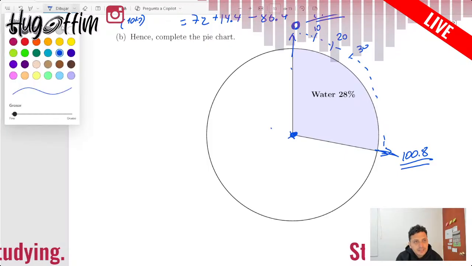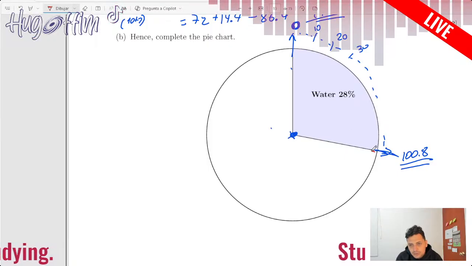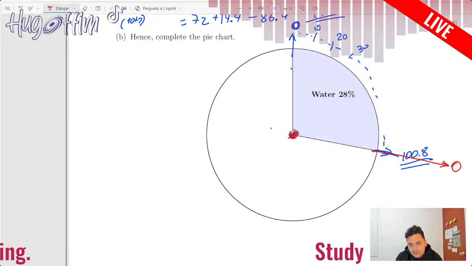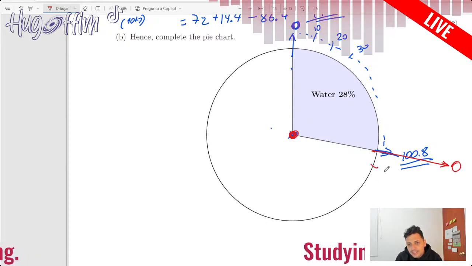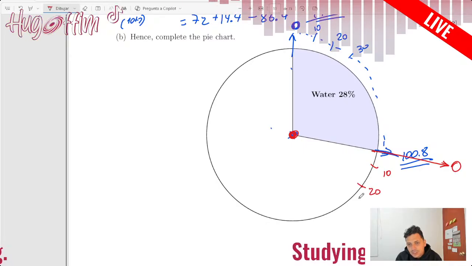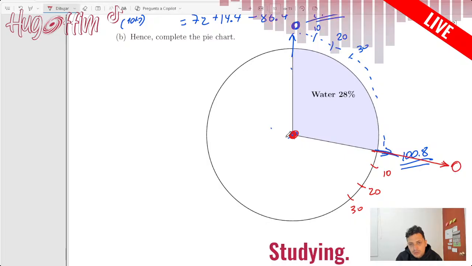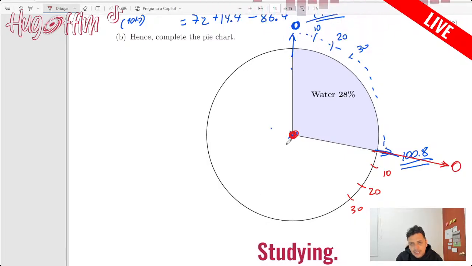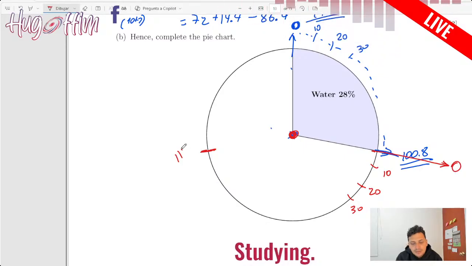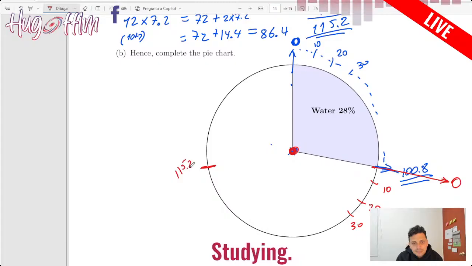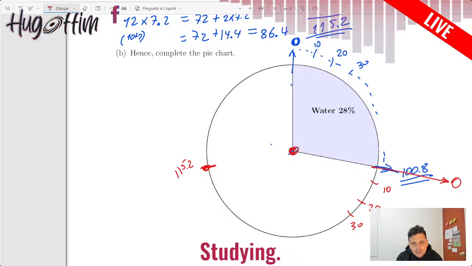I'm going to use red. You must start your protractor here at 0, the center of your protractor, and verify that the counting starts 10, 20 in this direction until your protractor marks 115.2. And then stop and draw the line.